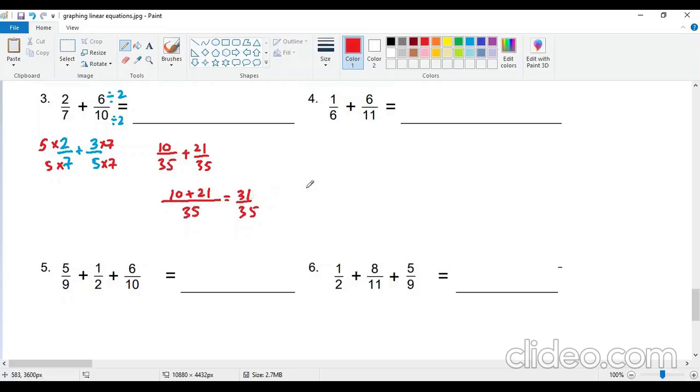Next question is 1 over 6 plus 6 over 11. We multiply 6 by 11 and 11 by 6. We multiply this one by 6 and this one by 11 to give us 11 over 66 plus 36 over 66.